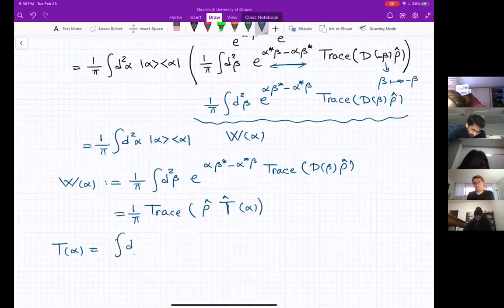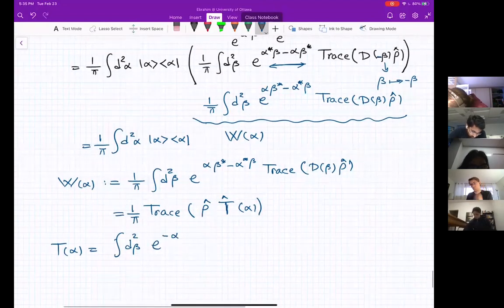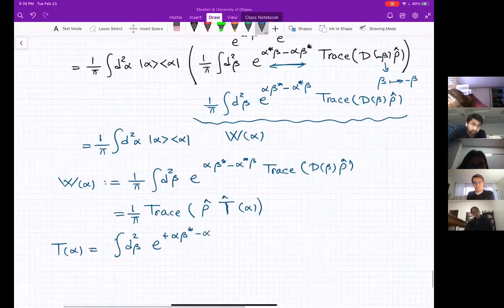is the integral of e to the power of minus, alpha beta star minus alpha star beta, and then we have a D operator of beta.